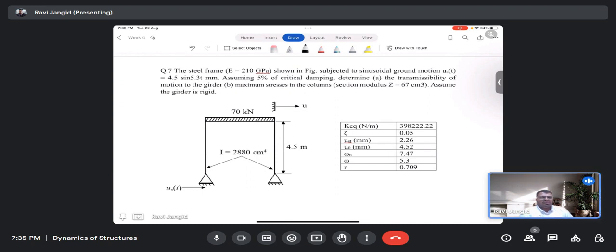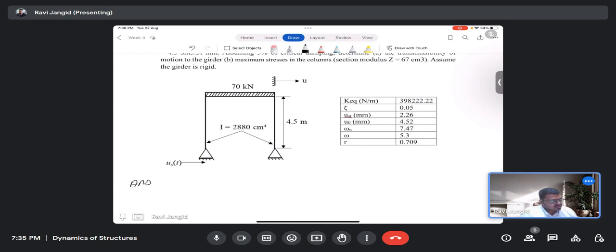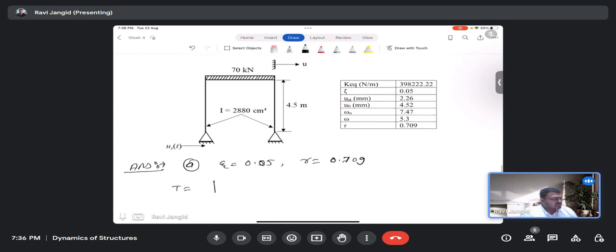So for the first question, find out the transmissibility. For that you need the damping ratio, which is given as 5%, and the frequency ratio R, which is given as 0.71, or 0.709.